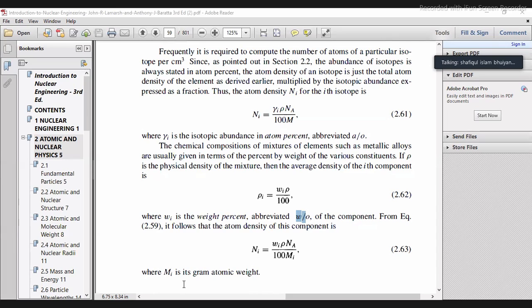We shall have to calculate Ni, and if we calculate Ni, we can go back to the other relation. Then we get Ni equal to Wi rho Na by 100 Mi, where Mi is in gram atomic weight.